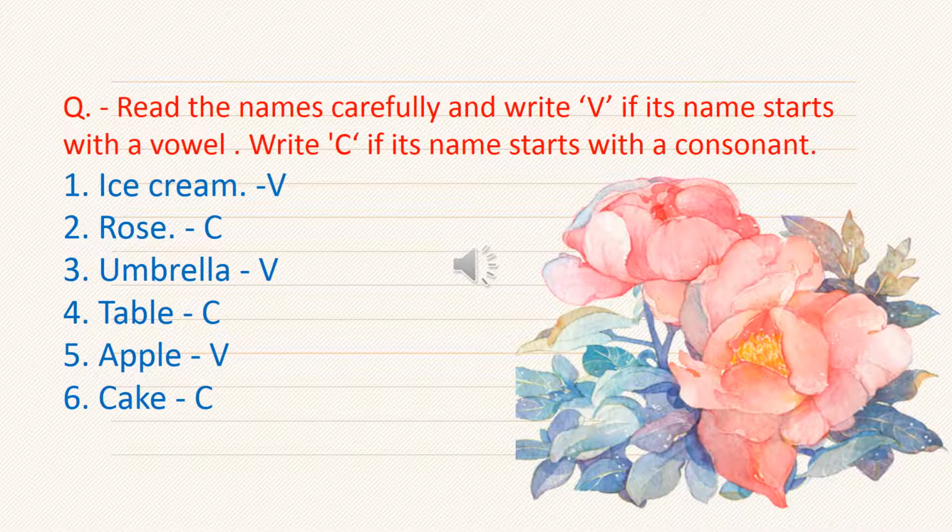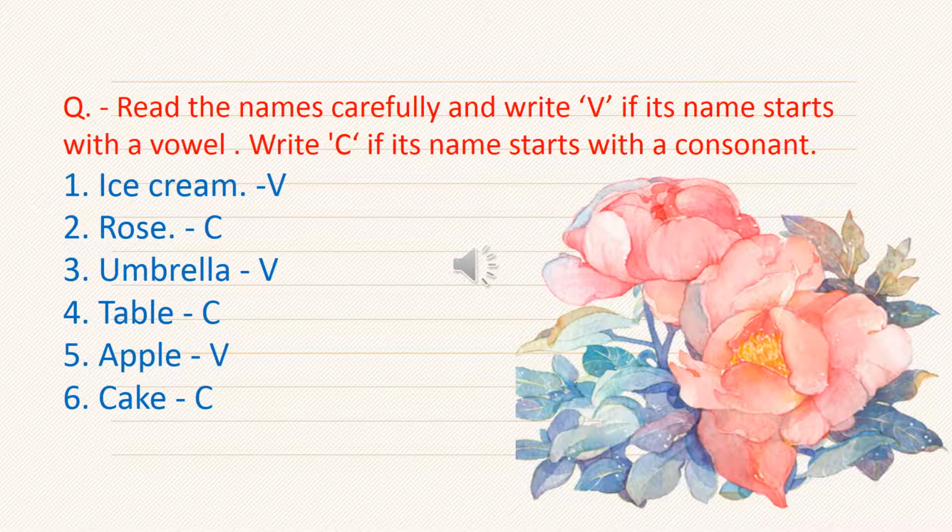Rose starts with R. R is a consonant, so I have written C in front of rose. Umbrella. U. U is a vowel, so we will write V in front of umbrella.